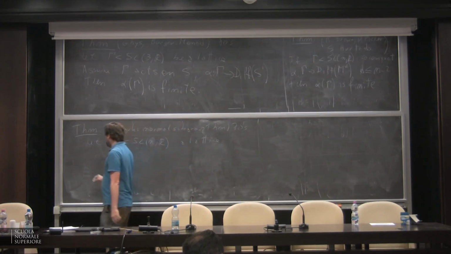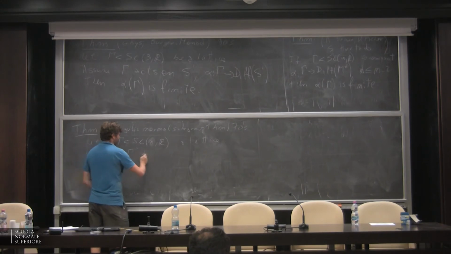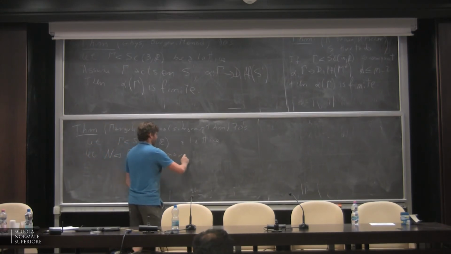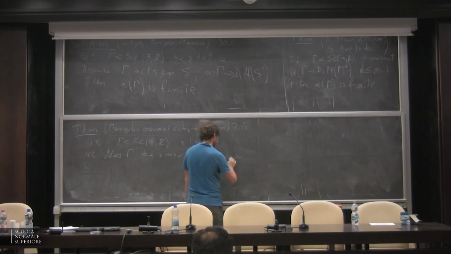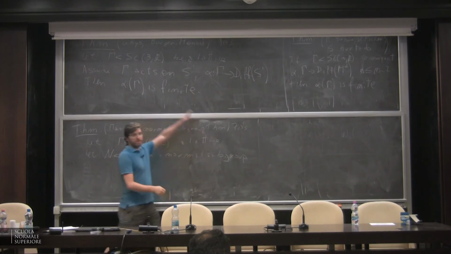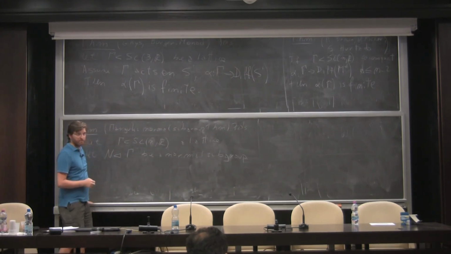Let N be a normal subgroup. They're pretty much like the kernel of one of these alpha actions here.